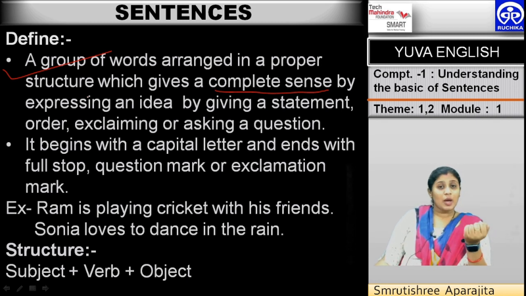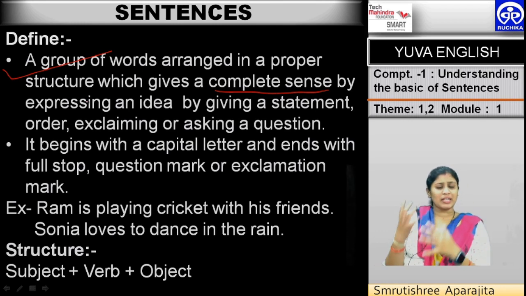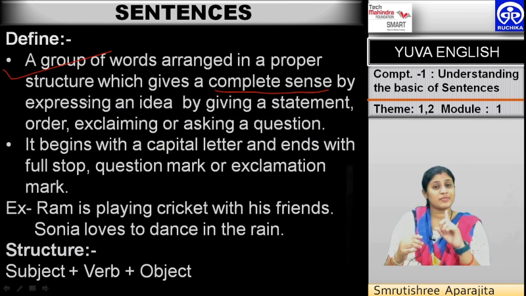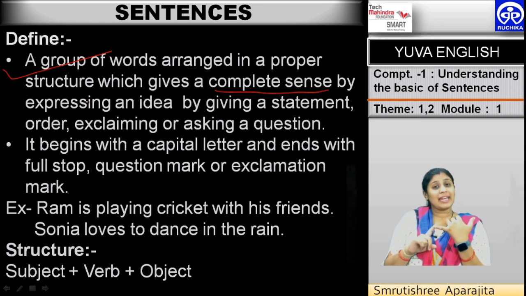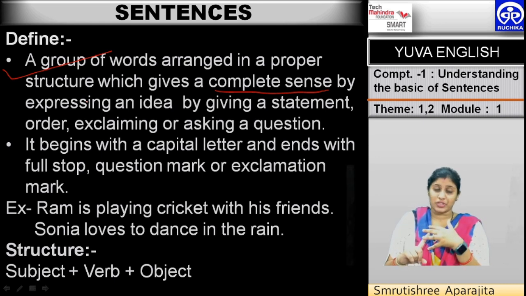Okay. Now, let's see what are the categories of sentences and what is the structure of sentences. Whenever we write a sentence, always remember the starting letter of the sentence is going to take a capital letter. It can end with a full stop. It can end with a question mark when a question is asked.